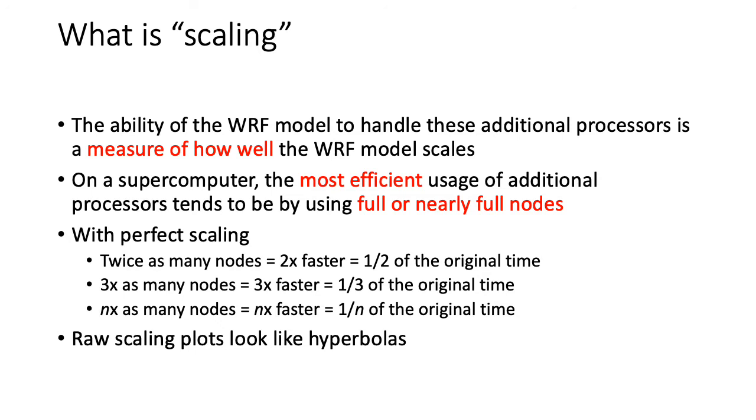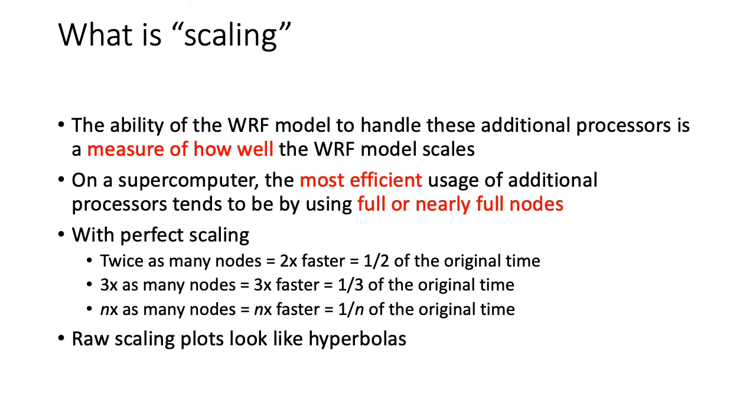Traditionally on a supercomputer, the most efficient way to use additional processors tends to be with full or nearly full nodes. For a very large job, if we have twice as many nodes, we would expect the time to be about half the original time. With 3 times as many nodes, we would expect the model to be about 3 times faster, or a third of the original time.